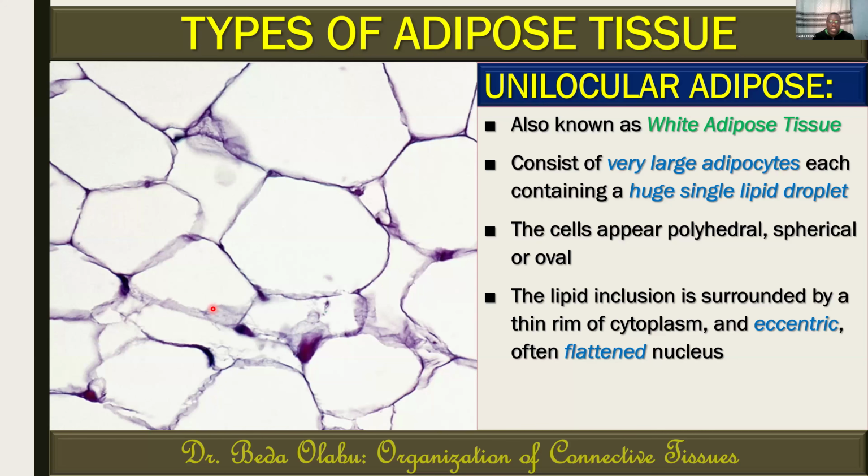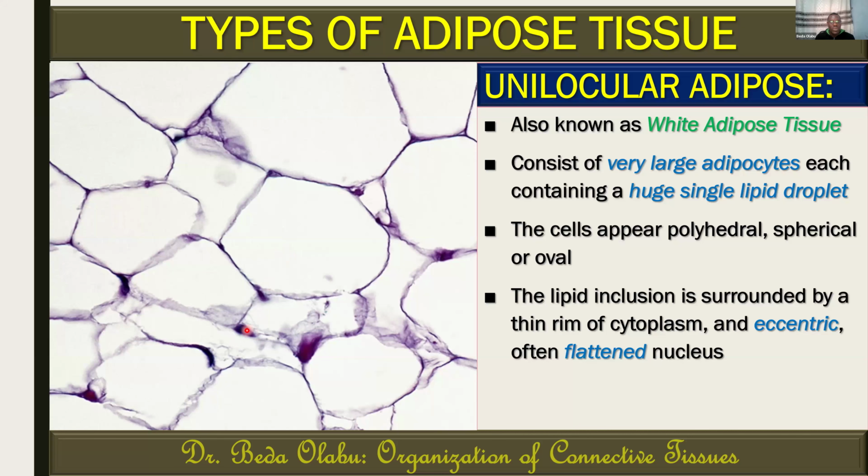It's very eccentric and usually thinned out, flattened, because of this fat locule. After we've removed the adipose, you may not appreciate that much because the fat that was causing the compression has already been eliminated. But we still see some degree of eccentric nuclei.